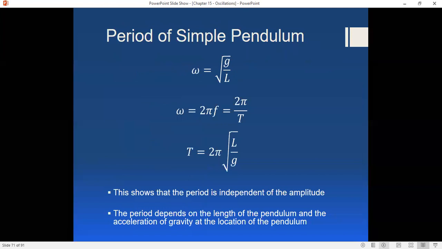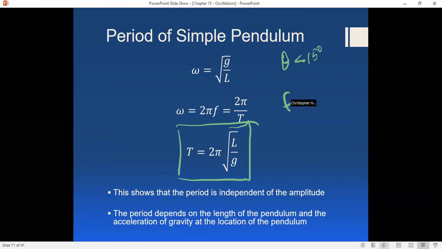Okay? So from this, for a simple pendulum, when theta is small, less than 15 degrees, the period of the pendulum, period is inversely proportional to frequency, is equal to 2 pi square root L over g. Oops, I made a mistake there. When I wrote this, frequency is equal to 1 over 2 pi omega.